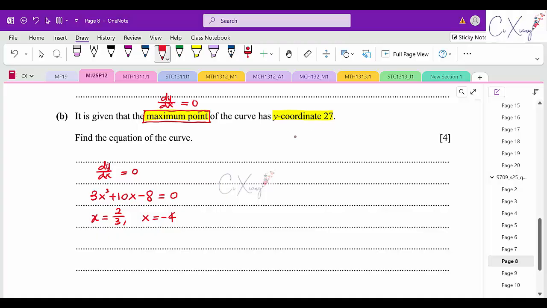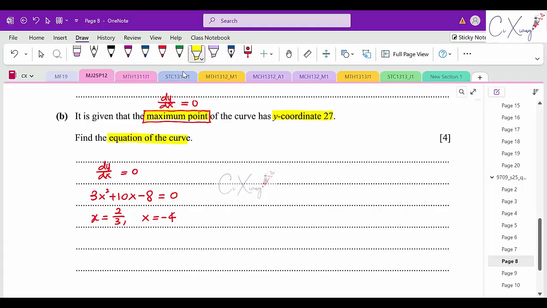If you want to double check which x matches y equals to 27, maybe you have to try and error a little bit, where you substitute x equals to 2 over 3 into the equation of the y. Oh, but you don't know what is the y yet, right? Sorry. You don't know what is the y yet because we want to find the equation of the curve.